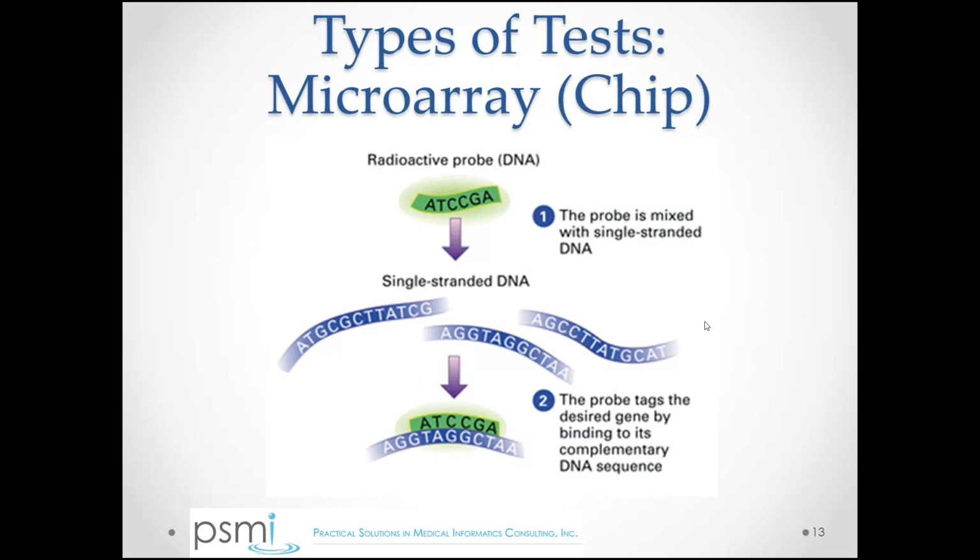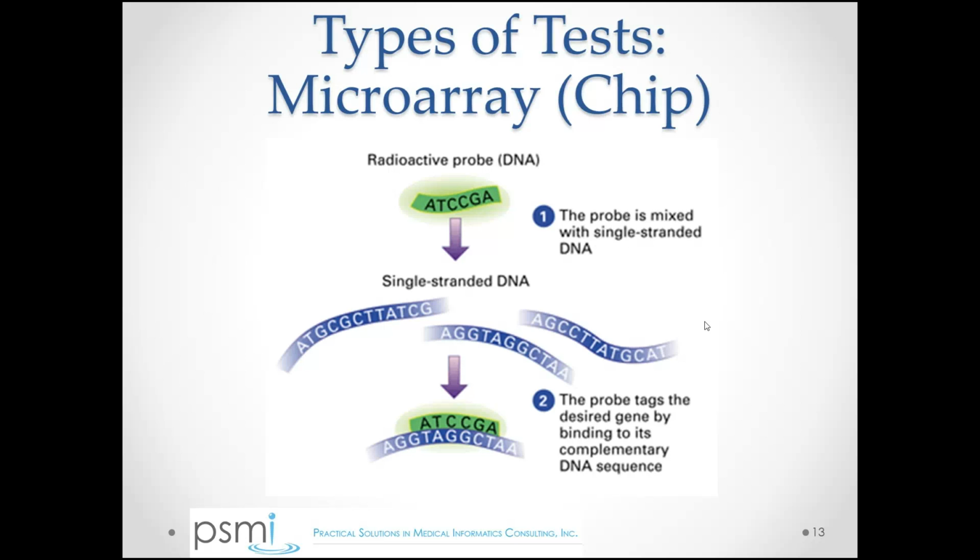So let's now talk about DNA chips, okay? We've talked about FISH probes, and in some ways the picture here is along the same lines of how a FISH probe is working, in that you start off with some type of probe, and that probe is designed to hybridize with an area of interest of DNA.